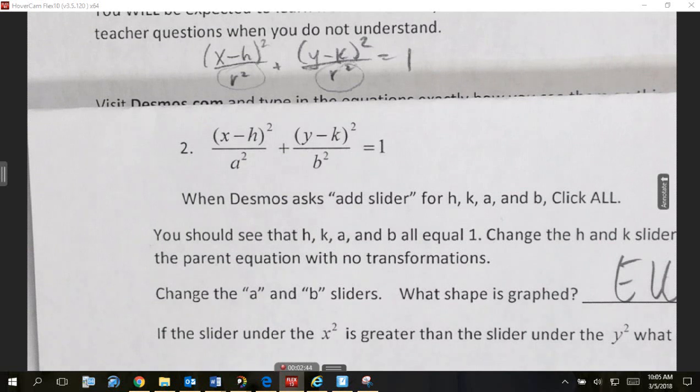Well, they couldn't be the same number. If these are the same number, they're going to be a radius. You're going to go the same length in each direction. If they're different numbers, they're going to go different amounts in each direction, making it elongated in one direction. So the only difference between these two equations is these two numbers are different. These are the same. So we're going to do ellipses today.